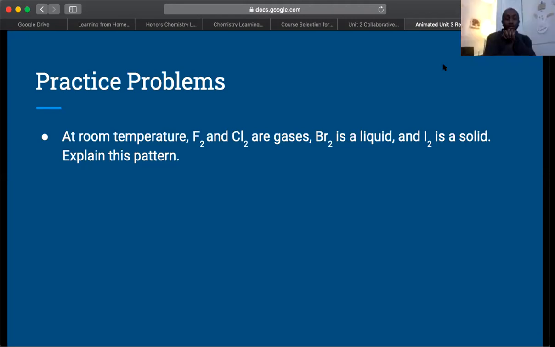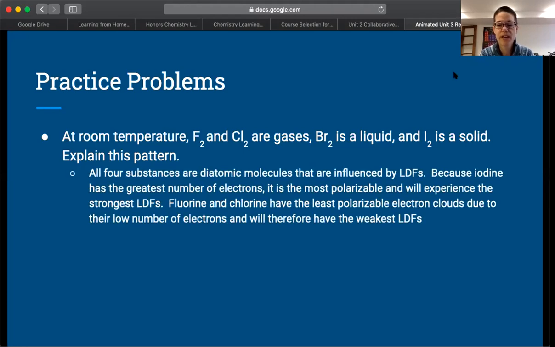It has the most electrons. It's got more polarizable electrons, right? So all four of these things are nonpolar, right? Because it's a thing bonded to itself. By definition, that is nonpolar. But because iodine has the greatest number of electrons, it's the most polarizable, so its LDFs will be the strongest.